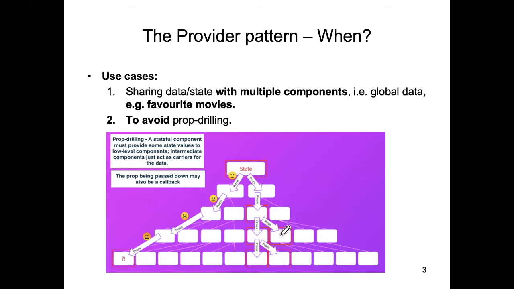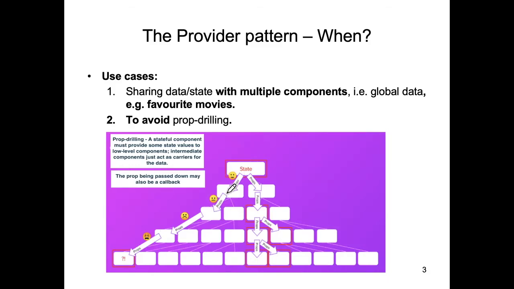Those 3 components need to have access to the values of particular aspects of the state, right? So how do they get those values? Well, they're going to need to be passed down as props. So this component would pass props down to this one, and it would pass it all the way down. The props have to be passed through various intermediary components. Those intermediary components don't need to know about the data, but still they have to accept the props from their parent and pass them on to their child.